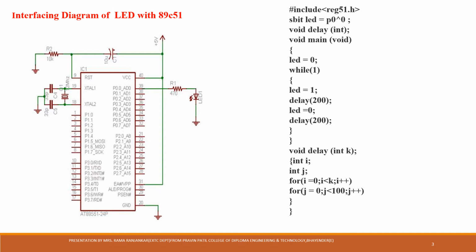After 200 milliseconds the LED becomes 0, and again gets on. These steps go on continuously. After writing the main program, we write the delay function using the for loop. In this way the LED gets on and off, and the LED is interfaced with 89C51.